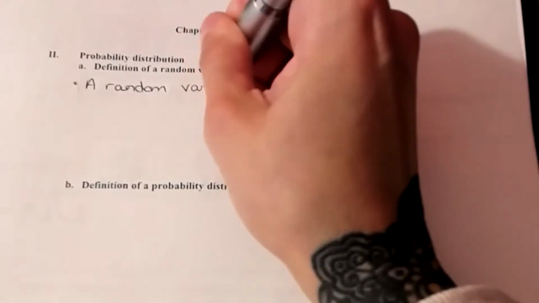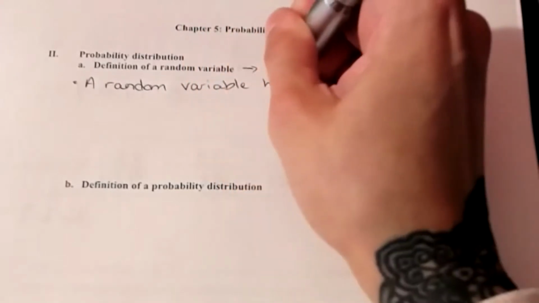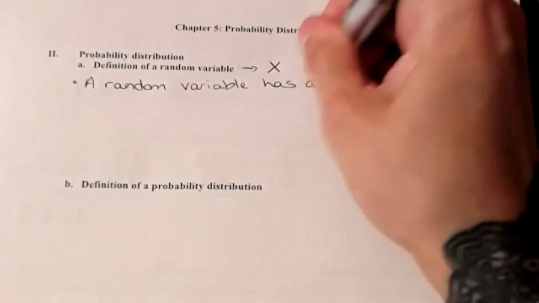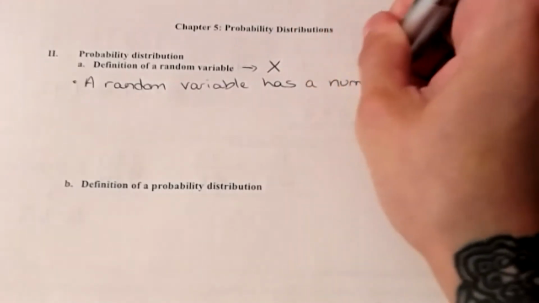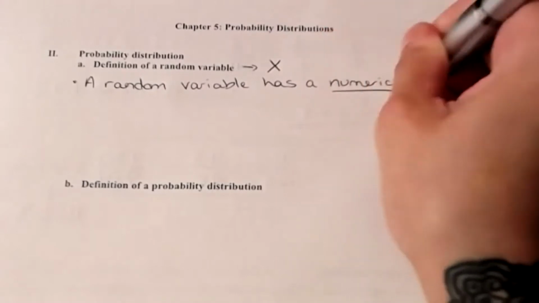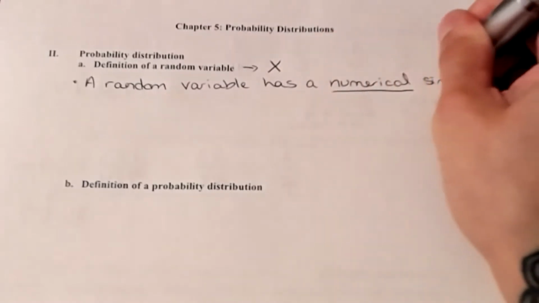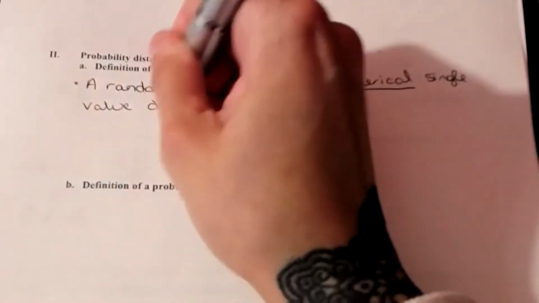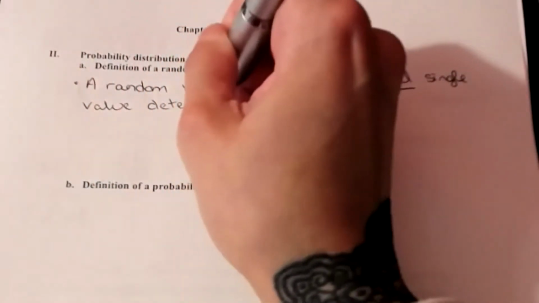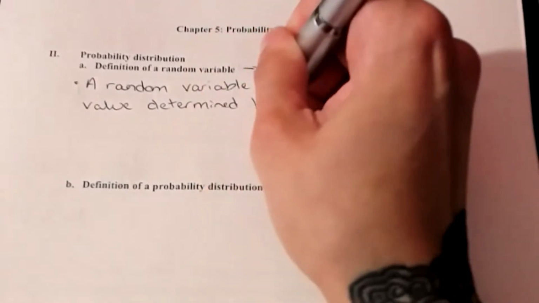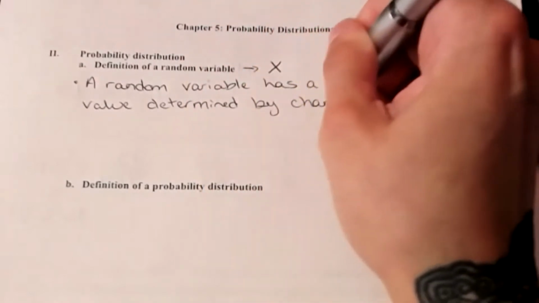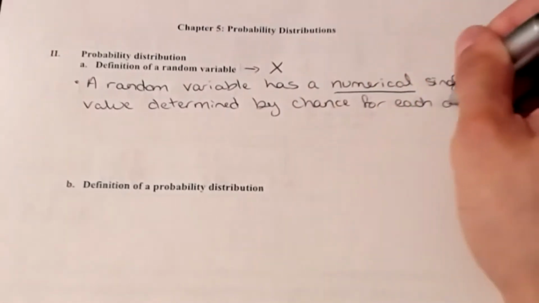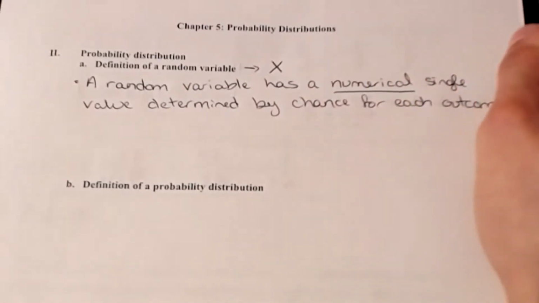now this piece is very important. A random variable has a numerical single value determined by chance for each outcome of an event.